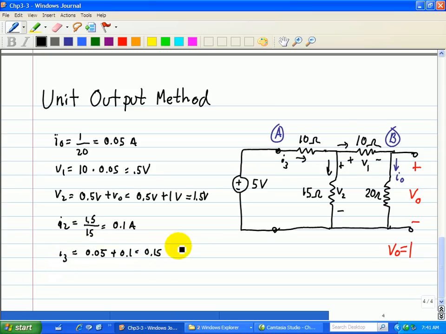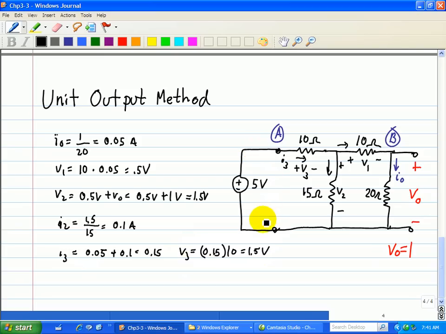Using Ohm's law again, so this will be plus minus V3. V3 is equal to 0.15 times 10, or 1.5 volts.